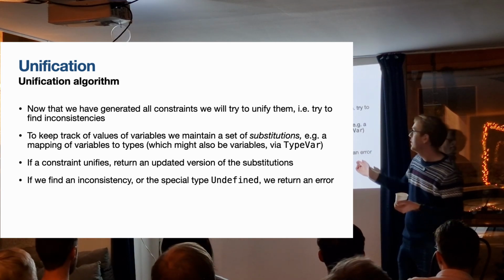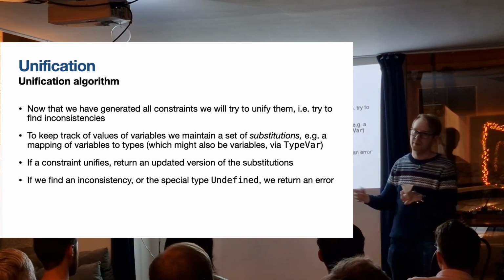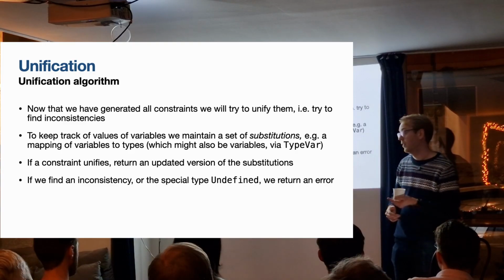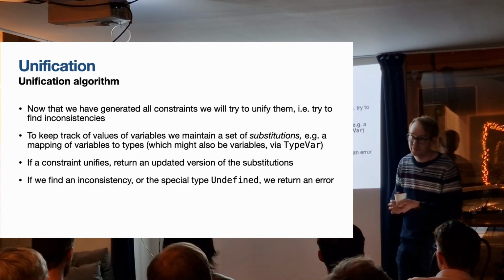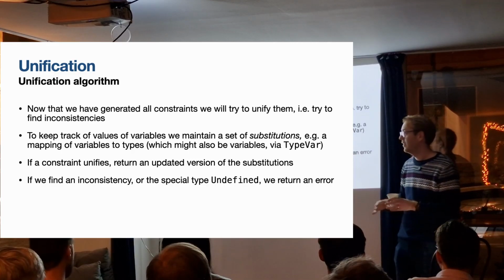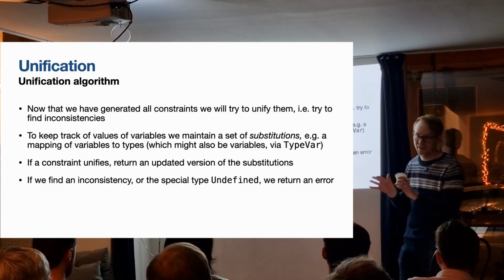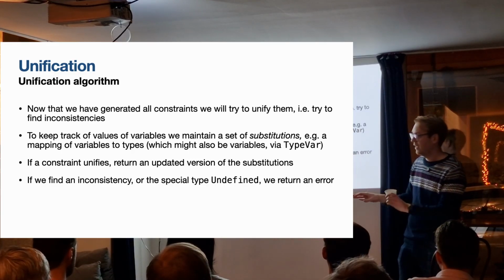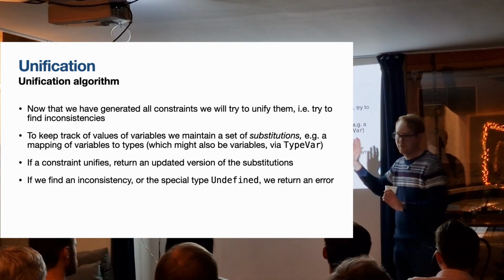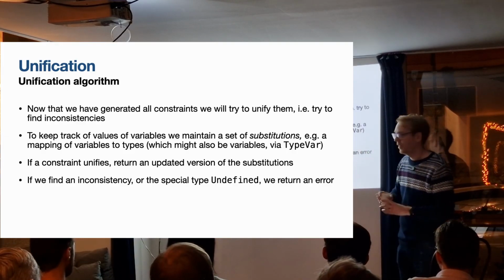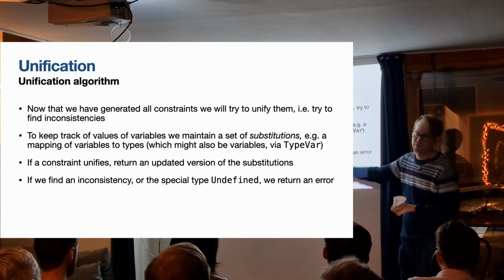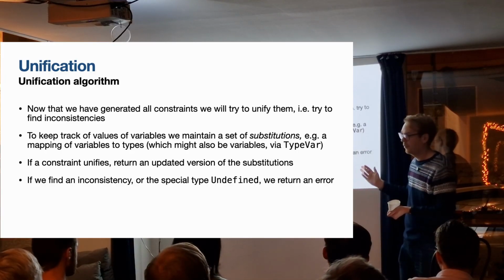And we represent this as a map, which maps variables to types, but it actually makes our life a bit simpler if we can have types on both ends of the tuple. So prior to doing this, and I didn't show that step, we map all of the variables to types.